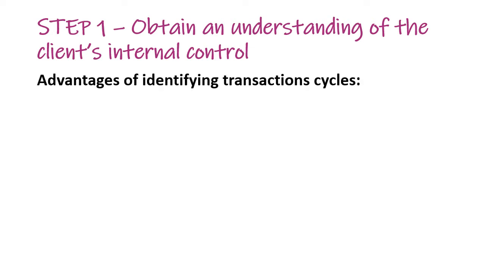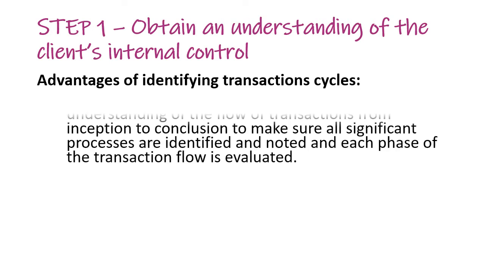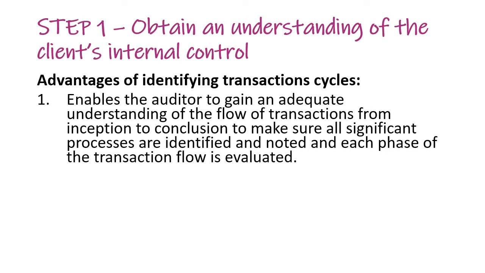What would be the advantage of being able to identify the transaction cycles? First, it will enable the auditor to gain an adequate understanding of the flow of transactions from inception to conclusion, and to make sure all significant processes are identified and noted, and each phase of the transaction flow is evaluated.